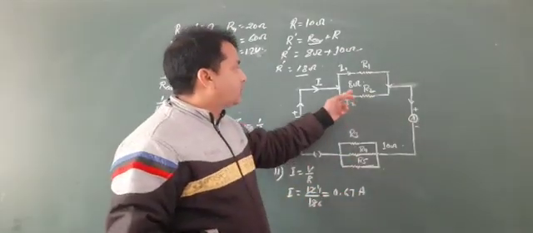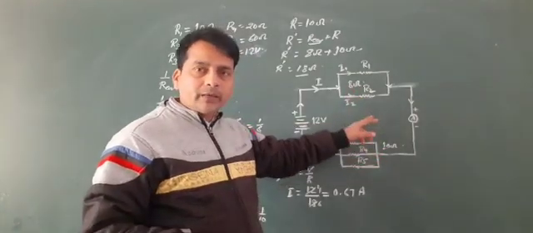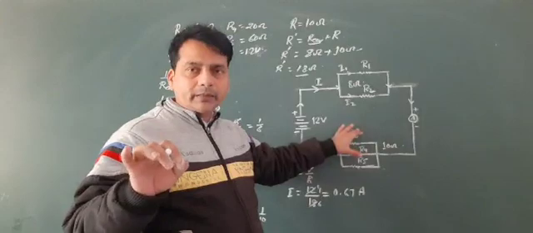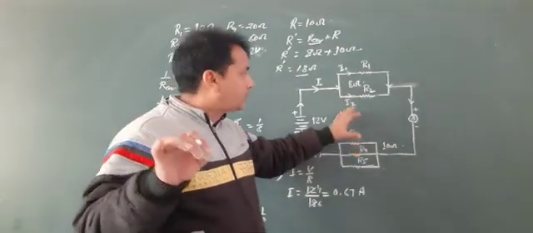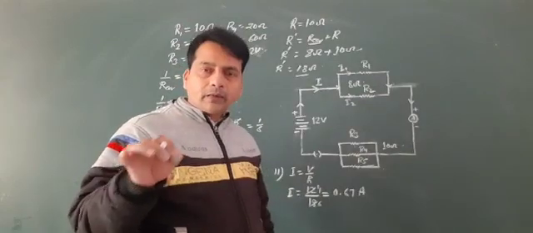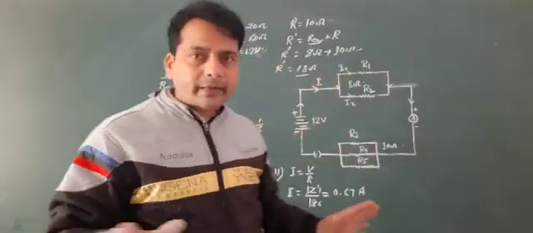So 8 ohm and 10 ohm are connected in series combination. Apply the rule of the series combination. We know that the equivalent resistance of the series combination is the sum of the individual resistors in the circuit diagram.